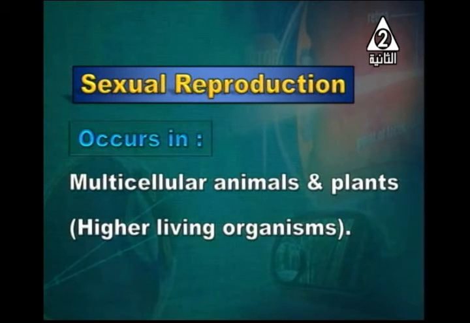The second type of the reproduction is the sexual reproduction. The sexual reproduction occurs in the multicellular animals and multicellular plants, or the higher living organisms, where the living organisms produce new individuals that have genetic traits different from their parents.